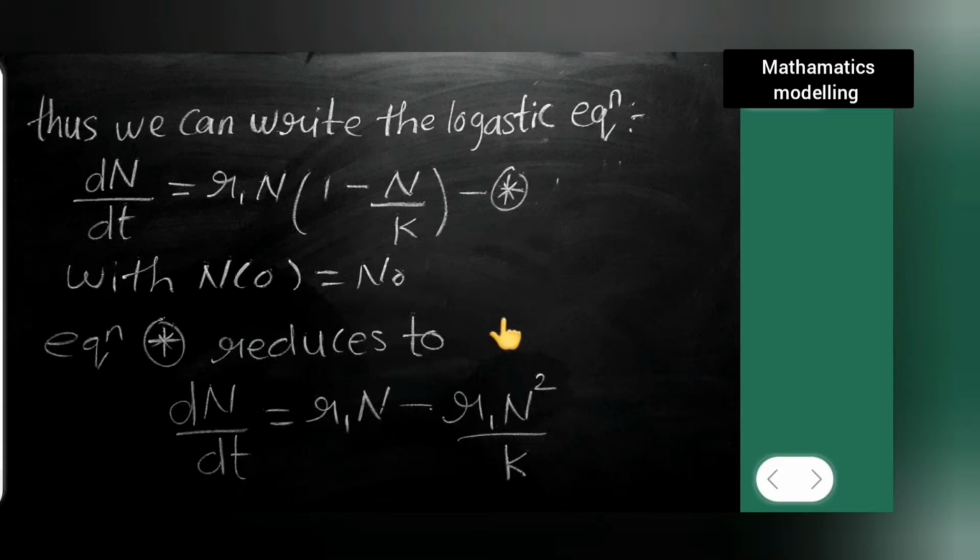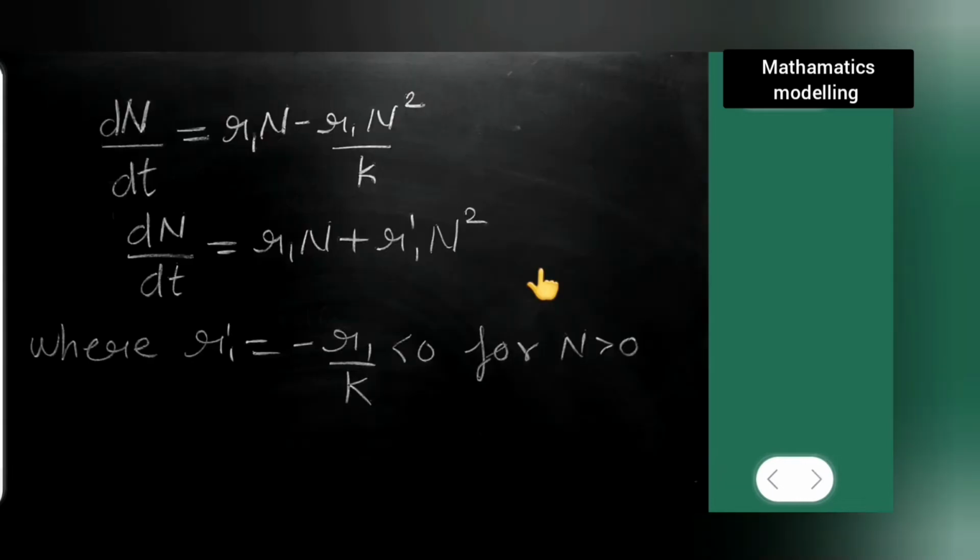Now this equation reduces to dn upon dt equal to R1 n minus R1 n square upon k.